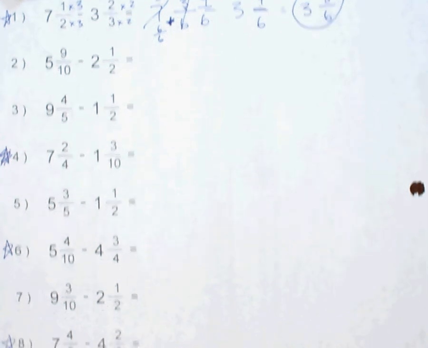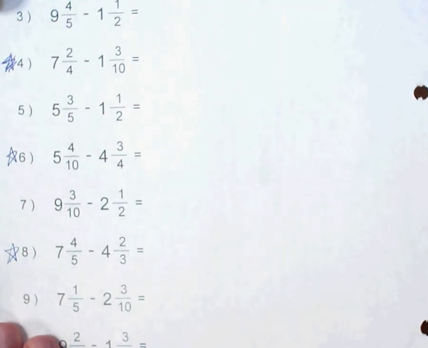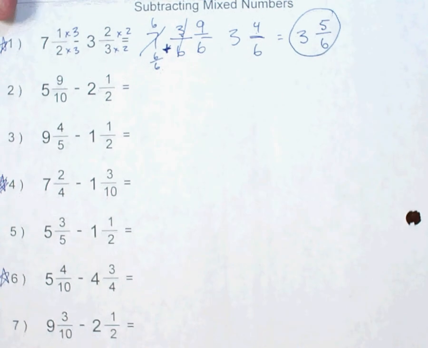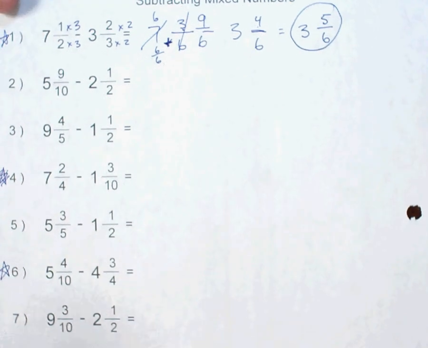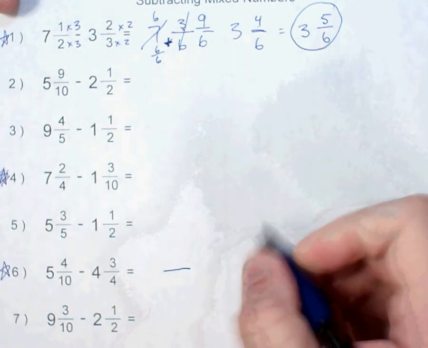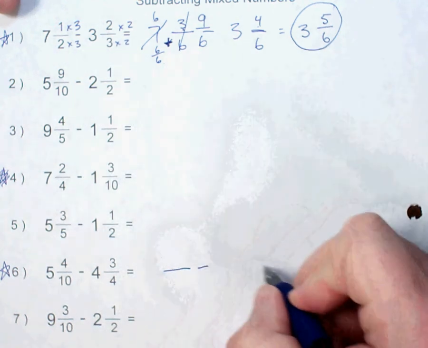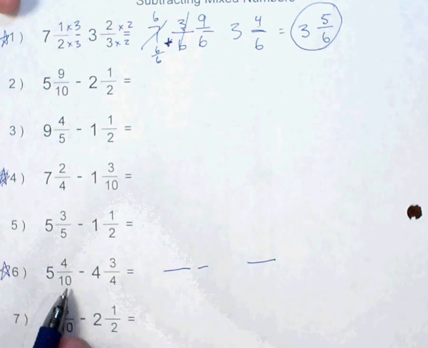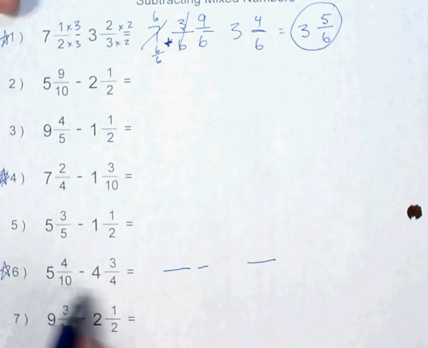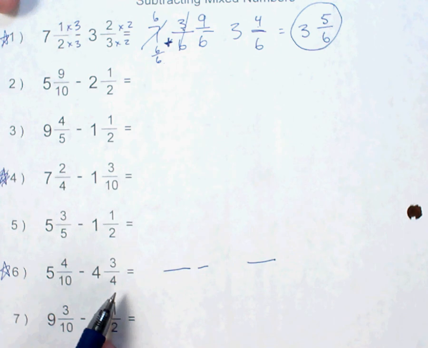All right, let's look down at number 6. So let me keep that in the frame. Okay. Now, number 6, when I find my common denominator, I can multiply the denominators together. That is one option. But the other thing I can do is think about my factors for 10 and 4 and see if there's something a little bit smaller, because if I do 10 times 4 and 4 times 10, I'm going to end up with 40 as a denominator, which is a pretty big number.